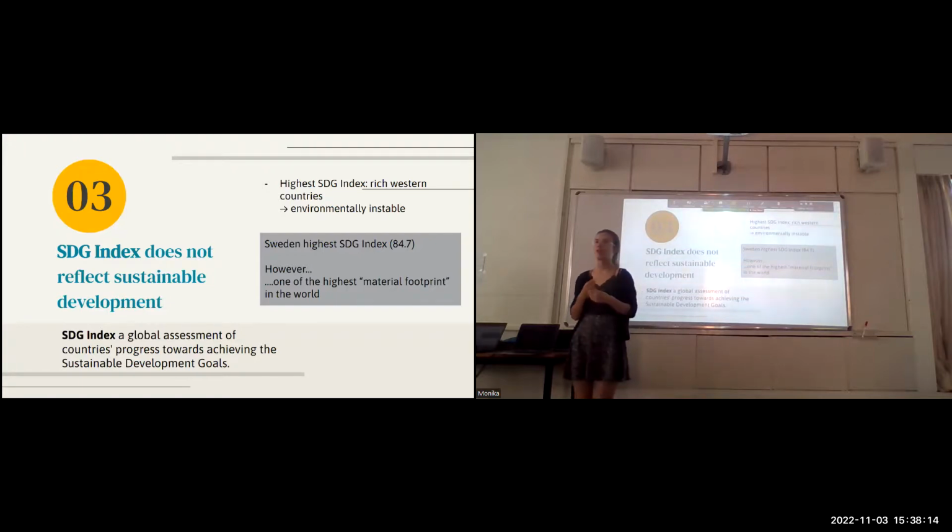The global average material footprint is 12 metric tons per year. So they're way above the average, but still they rank highest on the SDG index. So you can see that there's a controversy about how much those goals are actually promoting sustainability.